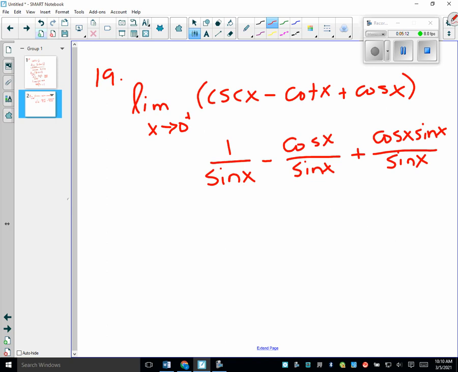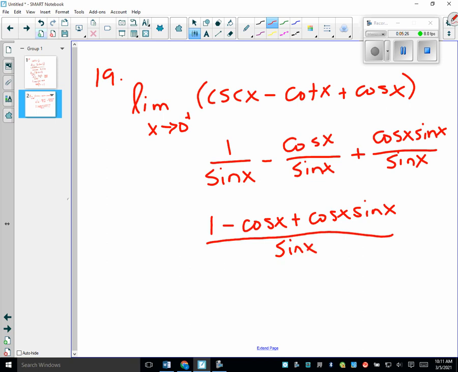So isn't this 1 minus cosine of x plus cosine of x sine of x over sine of x? Yes.